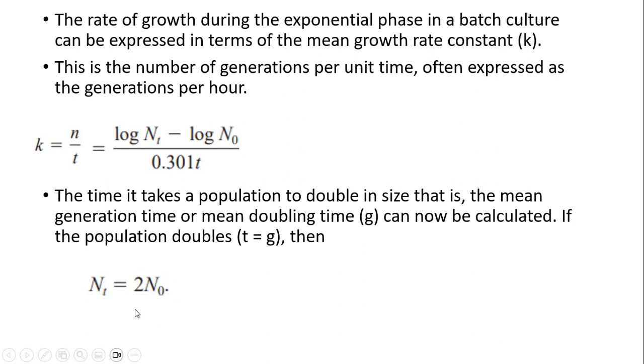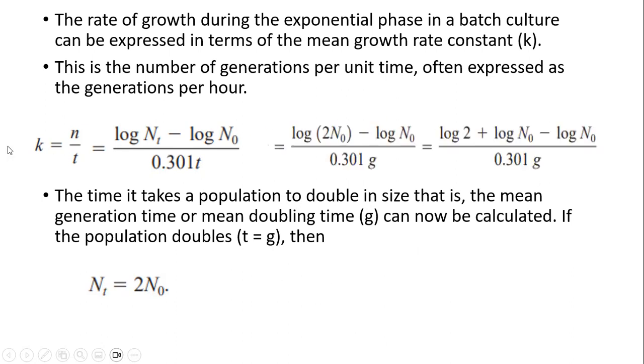So substituting for nt in the above equation, we will get k is equal to log of 2 times n0 minus log of n0 divided by 0.301, and we are going to substitute g for t, because when the time is one generation time, the population is going to be twice that of the original population.